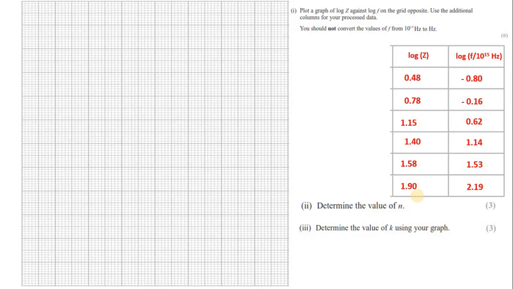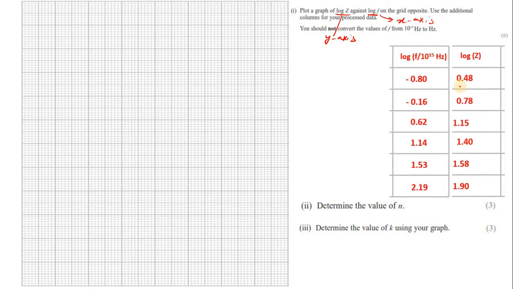We are going to plot the graph. They are saying that we need to plot the graph of log of z against log of f. So log of z will be on the y-axis and log of f must be on the x-axis. It is a good idea that you can flip.